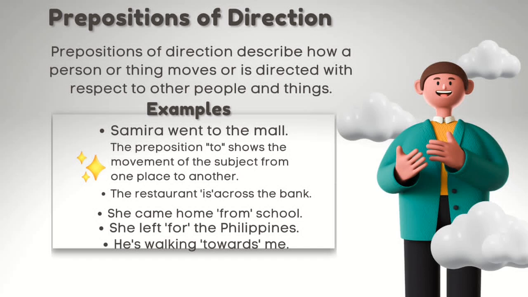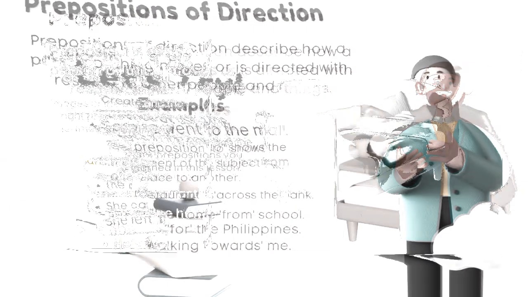When we're talking about place, you will be using prepositions such as in, at, and on. And when we're talking about prepositions of direction, you will be looking at prepositions like to, from, for, and towards. Okay, now I believe you have learned. So let's try these examples.